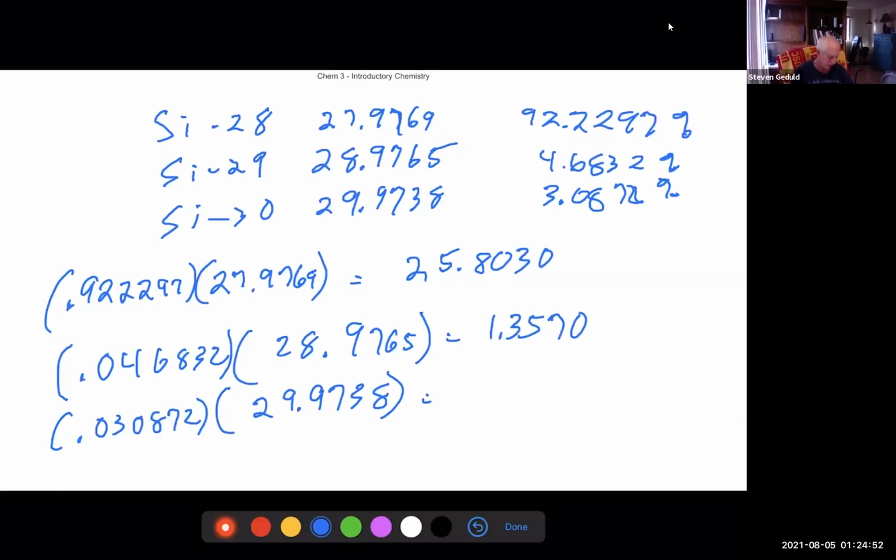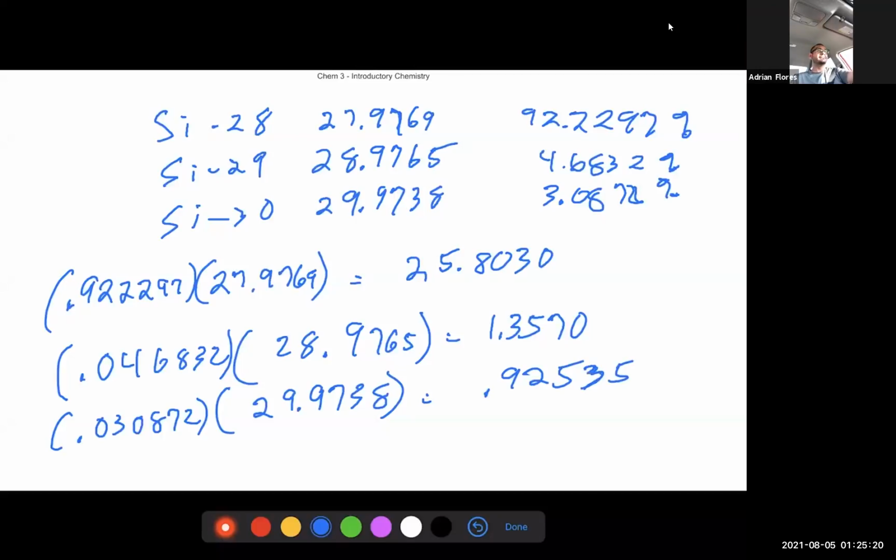And the next one, 0.030872 times 29.9738, comes out to 0.92535.